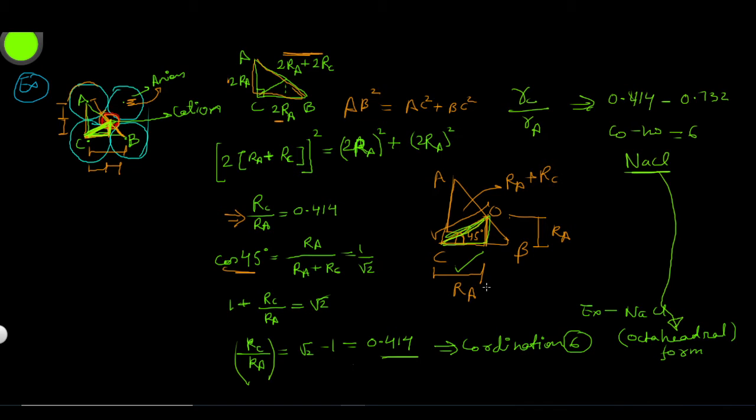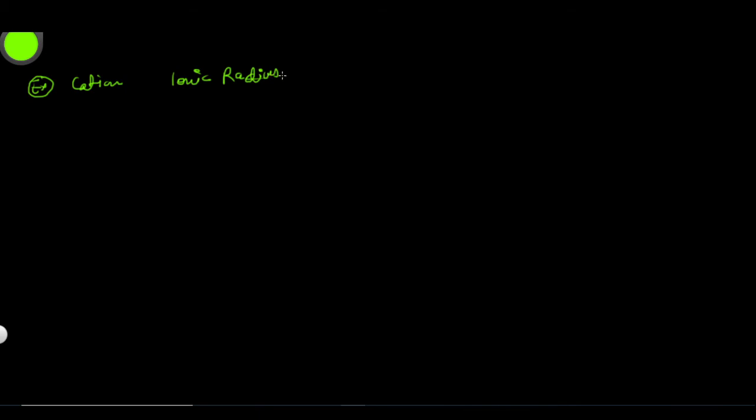Again we will solve one problem. Suppose cation ionic radius is given in nanometer: Al+3, Fe+2, Fe+3, Ca+2.